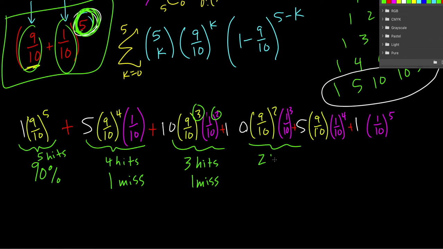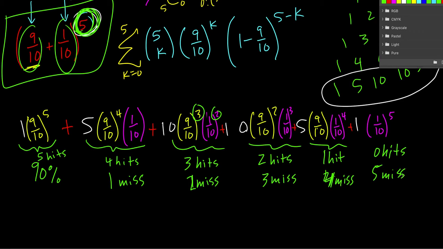Once again, 2 hits, 3 misses, 1 hit, 2. Whoops, what am I doing? This one was 2 misses. This is 4 misses, and this is 0 hits, 5 misses. Okay.